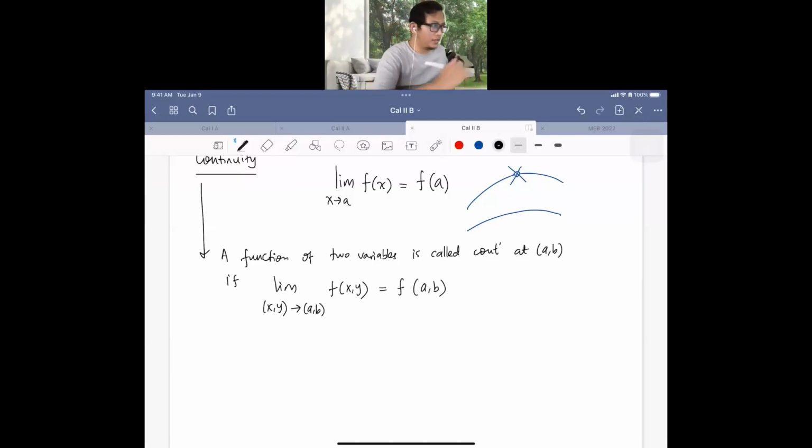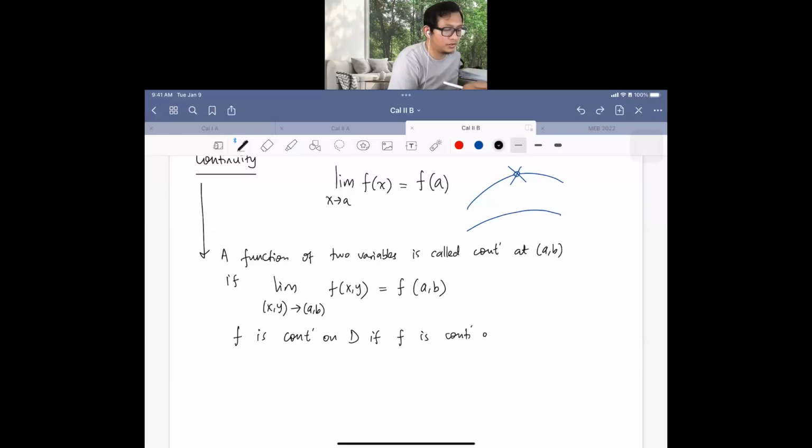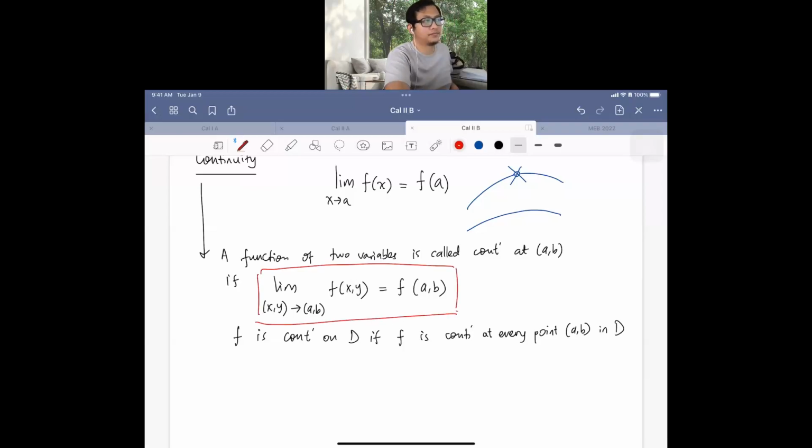We say that f is continuous on a domain if f is continuous at every point (a, b) in the domain. This is continuous.